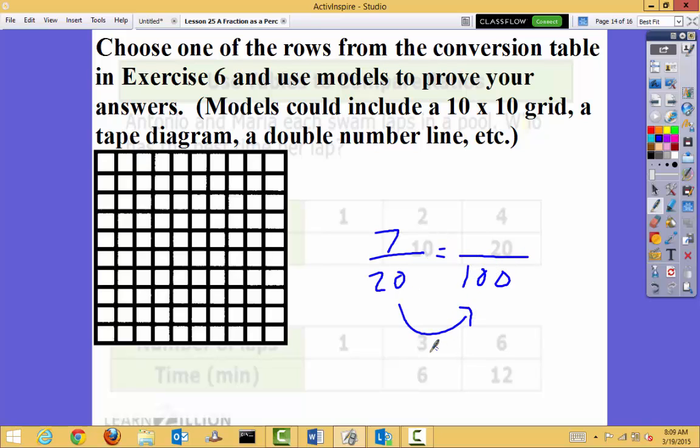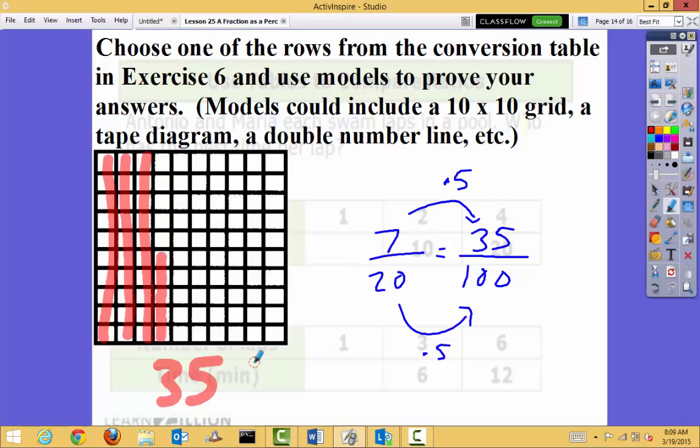Well, I multiplied by 5, so I'm going to multiply by 5. So I need to shade 35 parts in. So that's going to be 3 rows, 10, 20, 30, and 1, 2, 3, 4, 5. So here I shaded 35 parts out of 100, which is 35%, and I see that they are equivalent, the same.